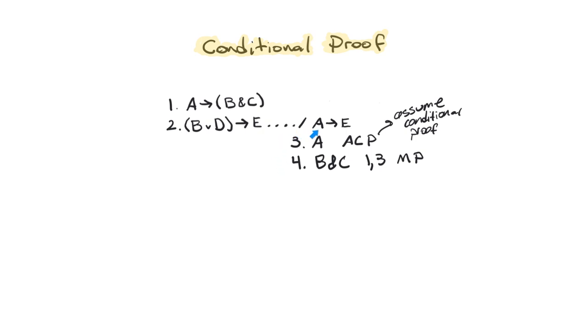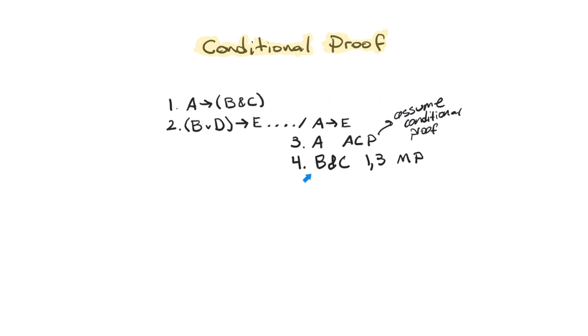We're trying to derive E when assuming A. So here's E over here, and that means if we can get B or D, we can apply the modus ponens rule of inference, and we can make that series of derivations. If A, then eventually we get E, and then we can discharge the conditional part of the proof, and we've proved if A then E.